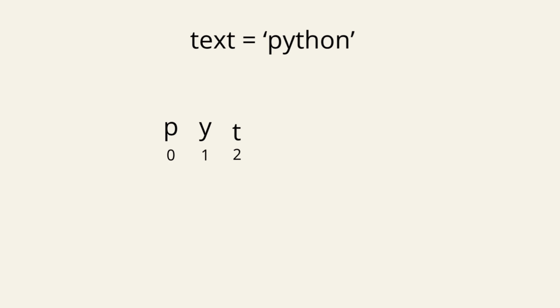Let's start with indexing. In Python, indexing means giving a number to every character in a string based on its position. For example, text is equal to Python. Here, P is at position 0, Y is at position 1, T is at position 2, and so on. And yes, in Python, indexing starts from 0 and not from 1.